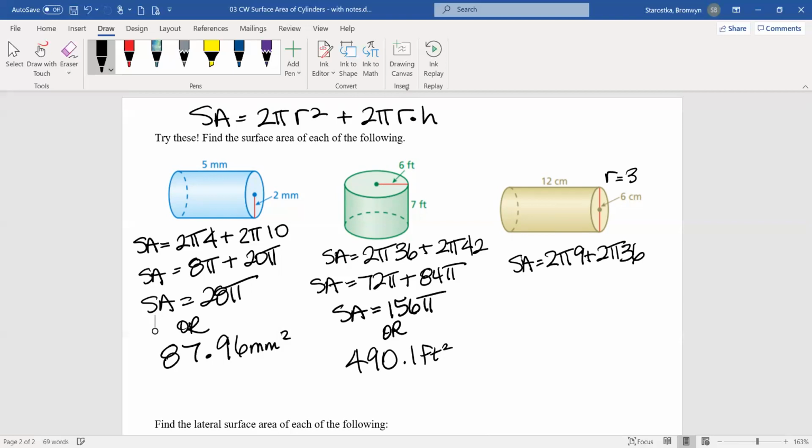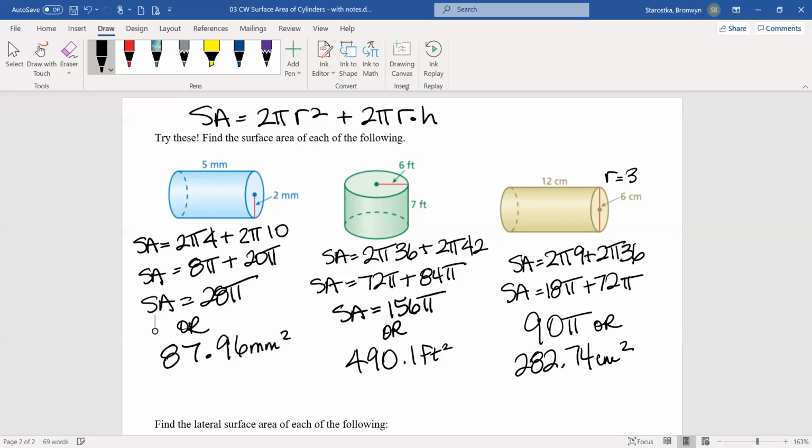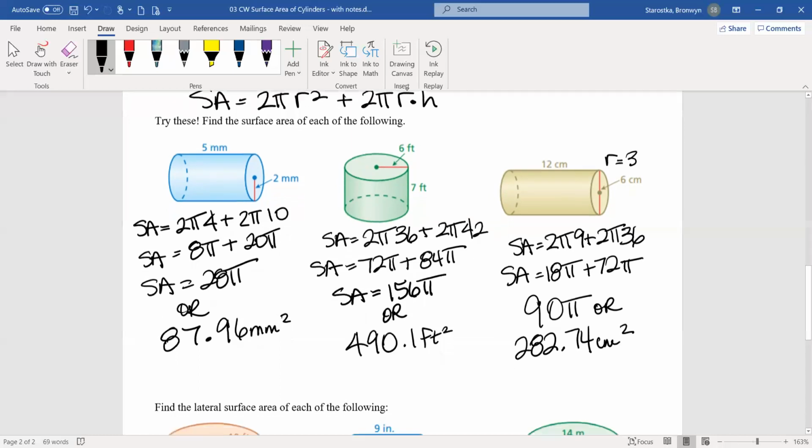Surface area equals 18 pi plus 72 pi, so that's 90 pi, or 282.74 centimeters squared. So it's pretty easy once you get the rhythm. 2 circle areas plus the circumference times the height.